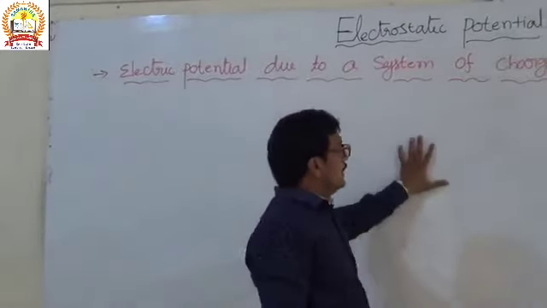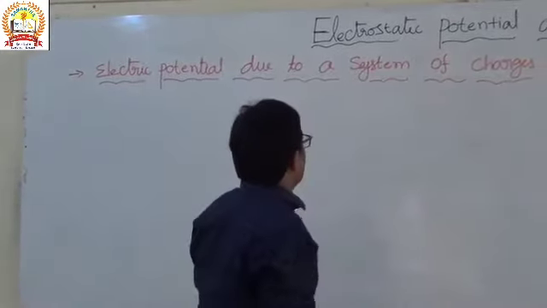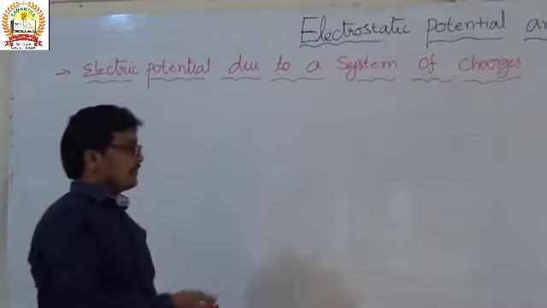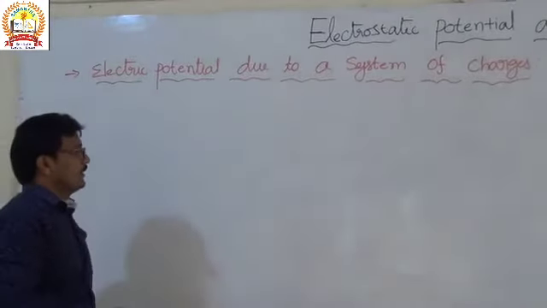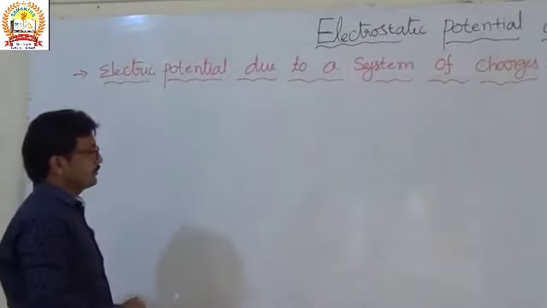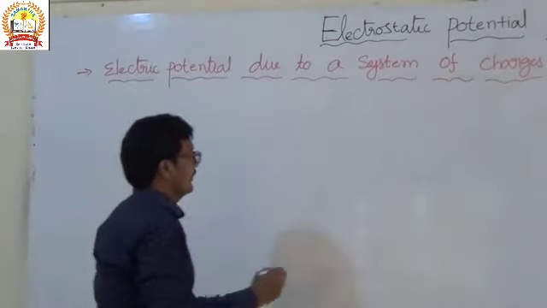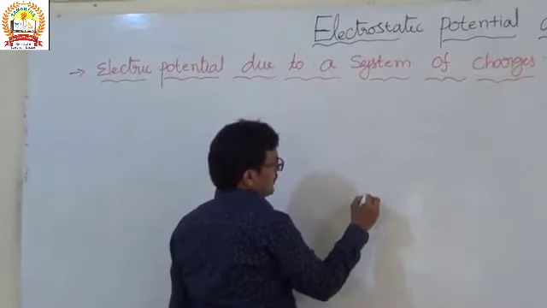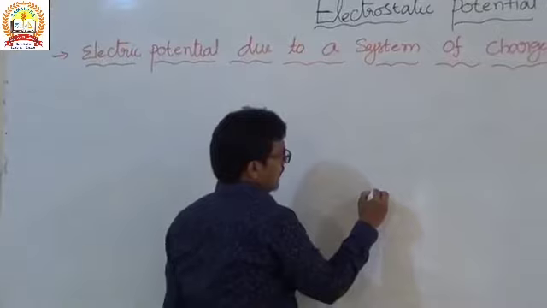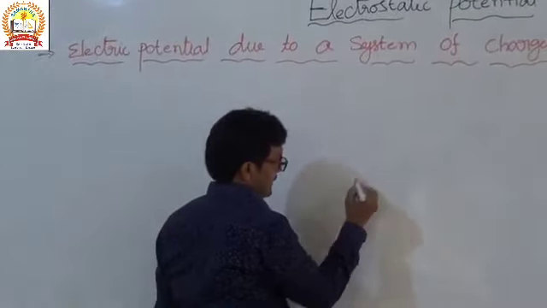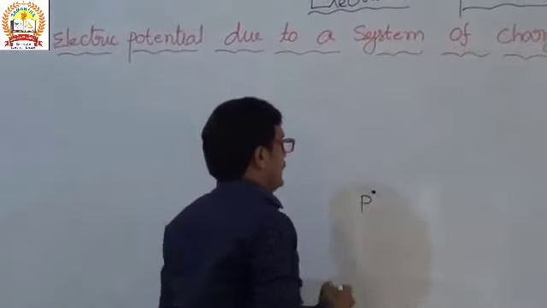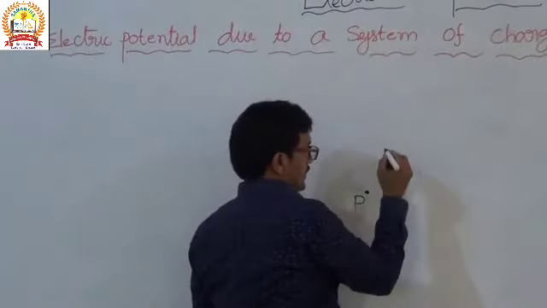So to get the potential due to a system of charges, again you consider the source of charge at point P, and we consider a number of charges.